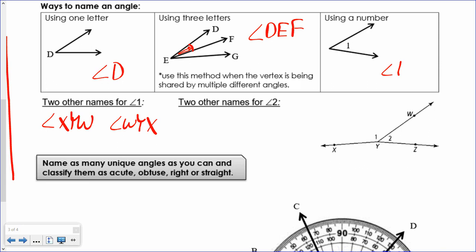You can go in either direction. You can go from X to Y to W, or from W to Y to X. Either direction, left to right or right to left. What about for angle 2? WYZ or ZYW.